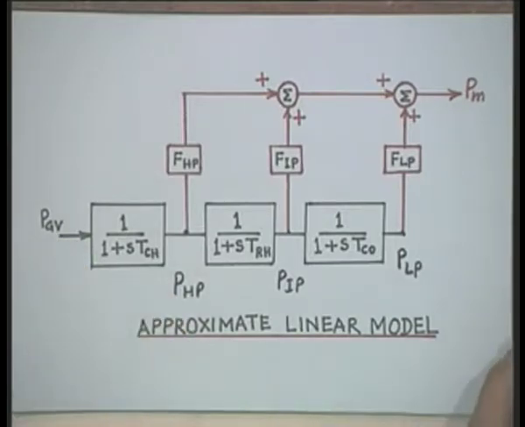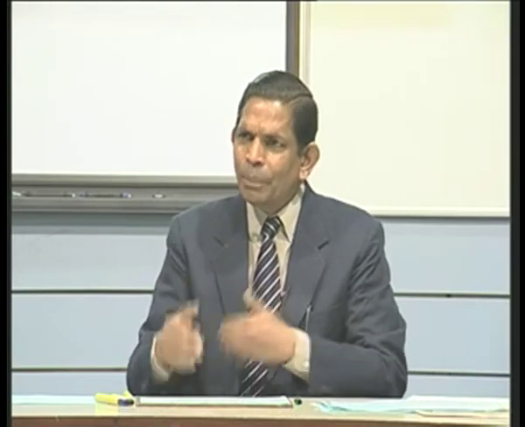In case you have another configuration, for instance a two stage reheat system instead of single reheat, then we may have to add one more section. Depending upon the actual configuration, one can develop a transfer function relating the governor valve position to the mechanical power input.